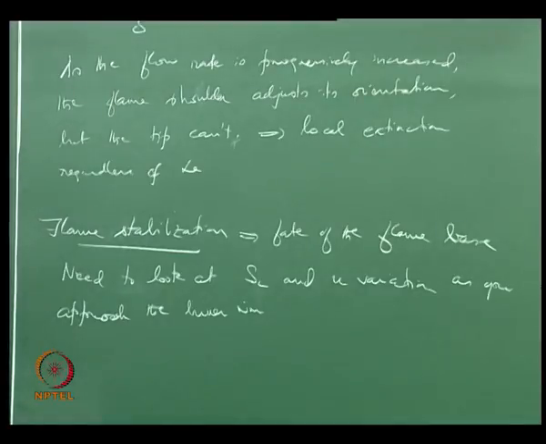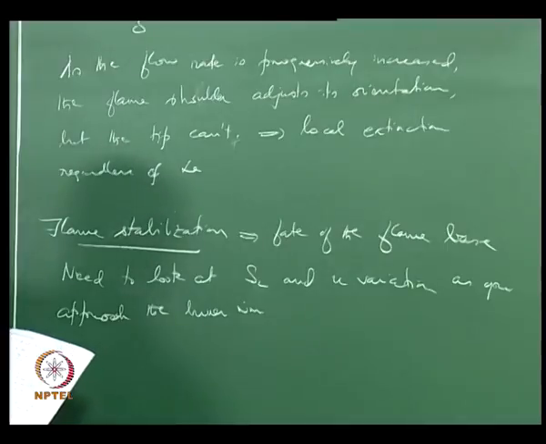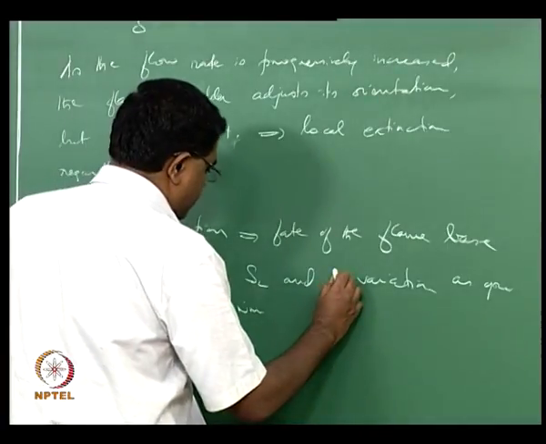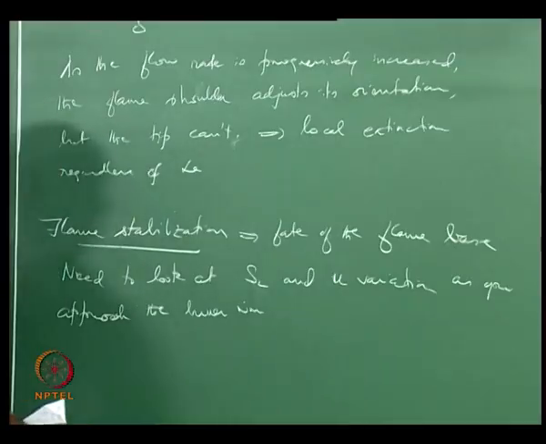Approach the burner rim. So let us look at the flow velocity variation, that is simpler. So flow velocity U.